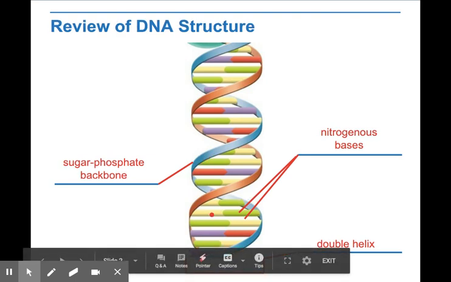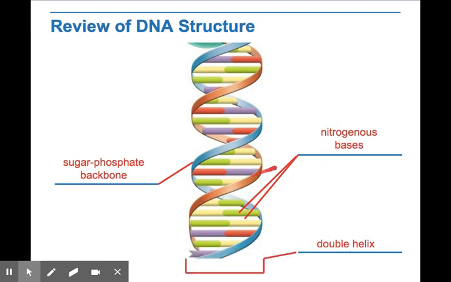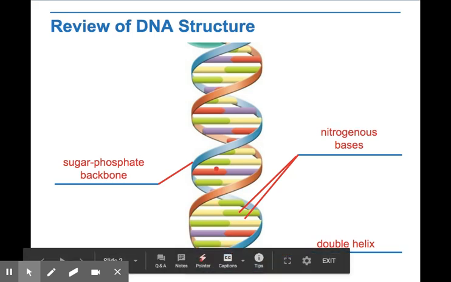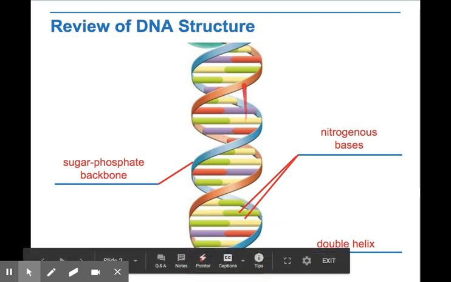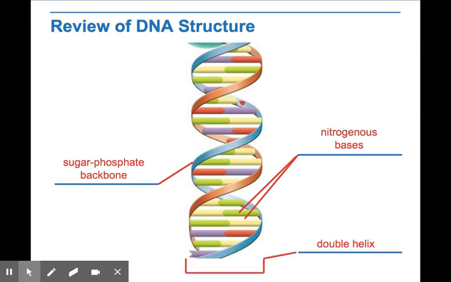Then, in between each of the two strands of a DNA molecule, you have our nitrogenous bases. Remember, those are the A, T, C, and G, which are connecting each of these strands together using hydrogen bonding. So each of these two strands is connected in the center through a hydrogen bond. You can see the strands because the sugar phosphate backbone is colored differently in this photo.